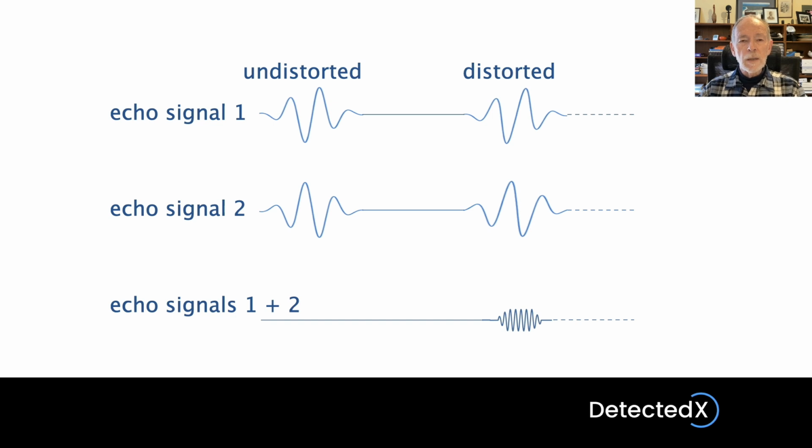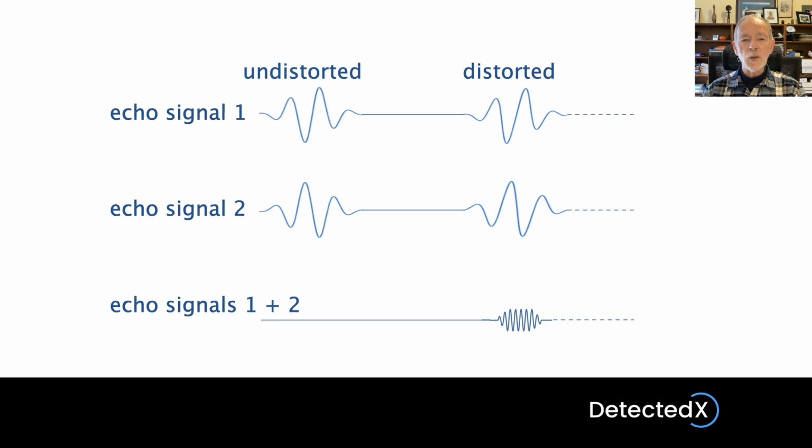I'm showing here just a couple of example echoes from the first transmit pulse and then the second transmit pulse. To the left, I'm showing an undistorted echo. And so what you can see is that the second echo is the exact inverse of the first, because the second transmit pulse was the exact inverse of the first.